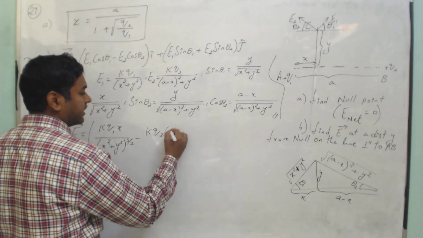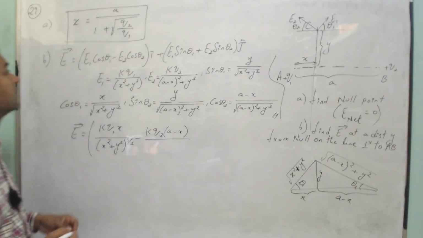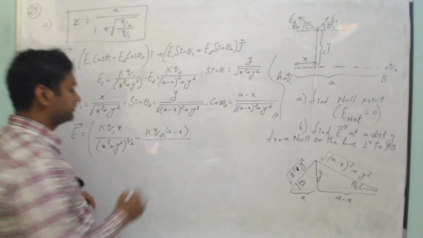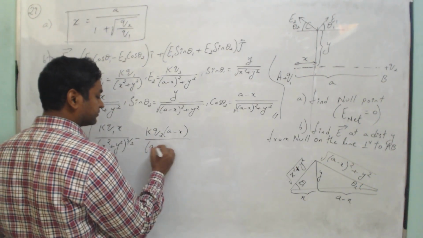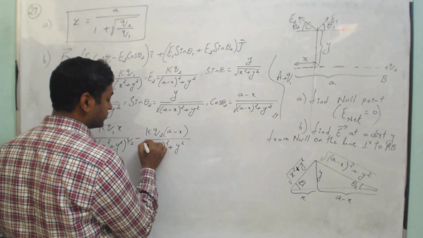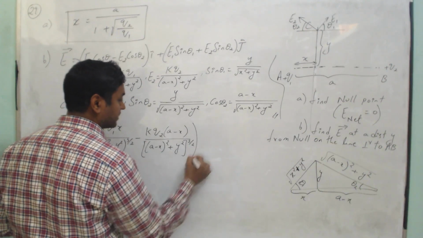This is A minus X divided by (A minus X) whole square plus Y square, whole to the power 3 by 2. And this entire thing is I cap.